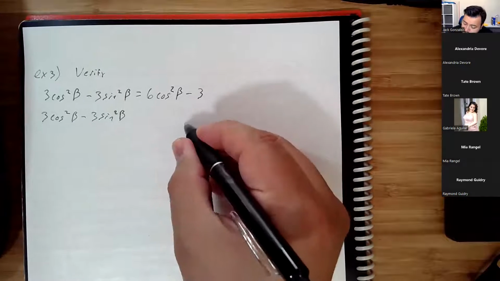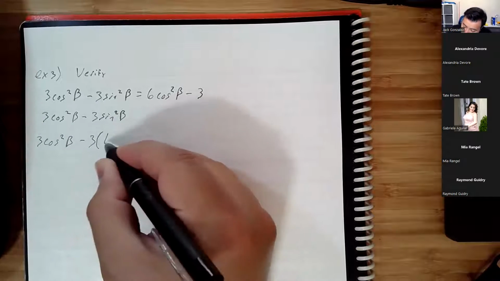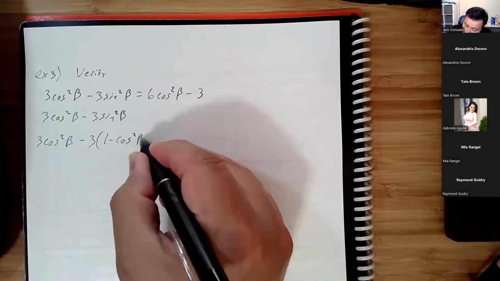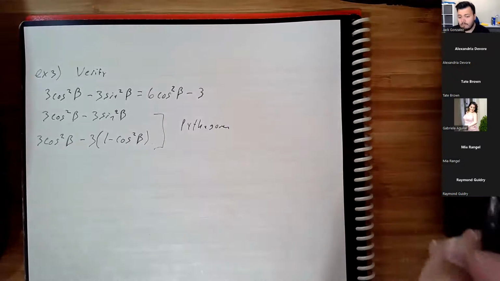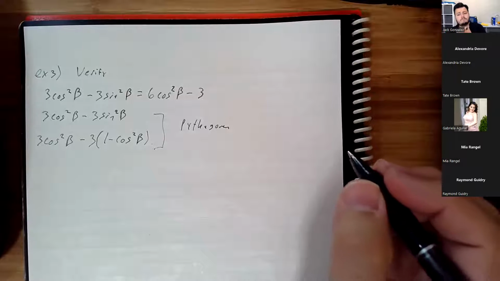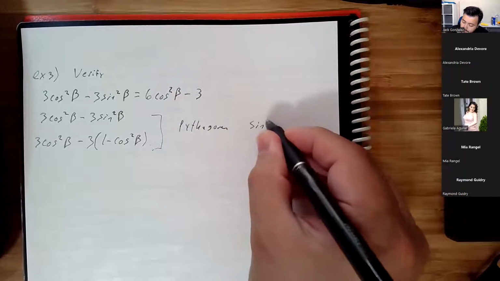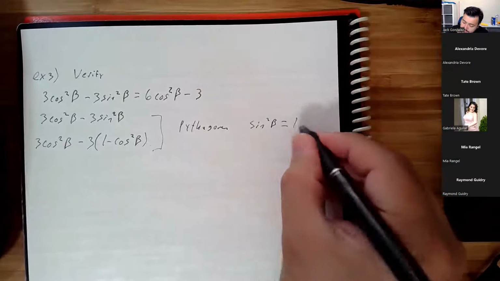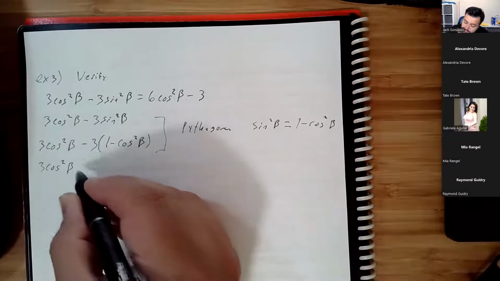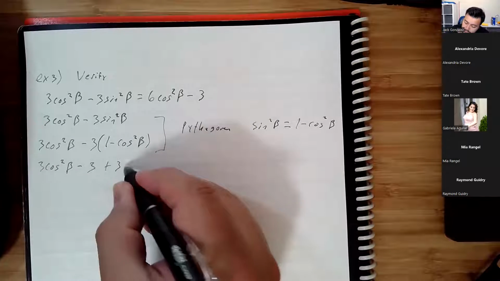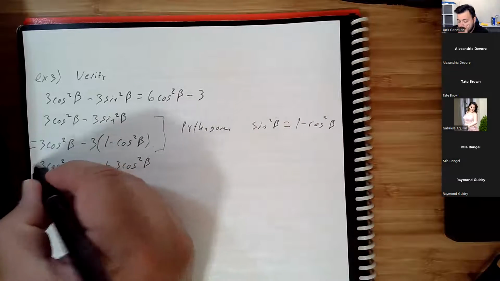Because we know that Pythagorean says sine squared beta is equal to 1 minus cosine squared beta. Okay, so all these are equal.